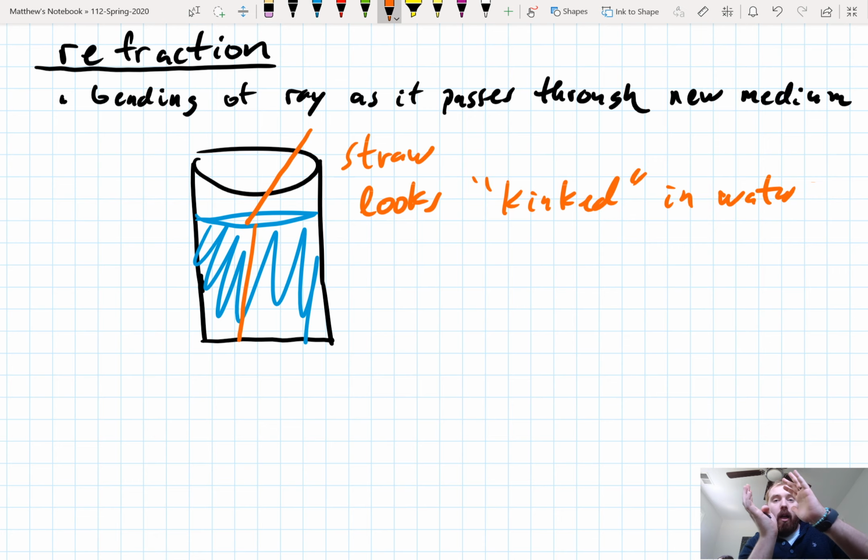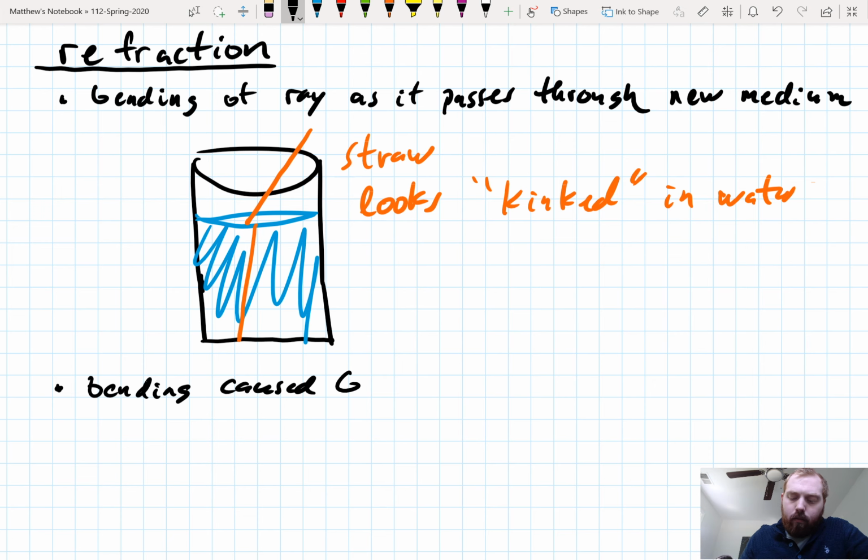It's the light refracting as it transitions between mediums. All right? So that bending is caused by changes in speed. Yes, it turns out the speed of light does change depending on what you're moving through.